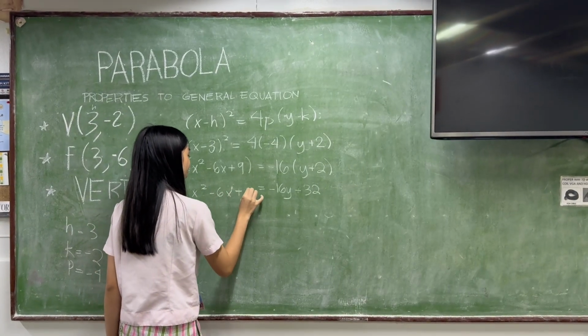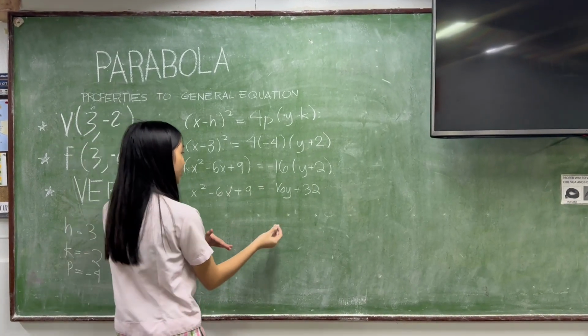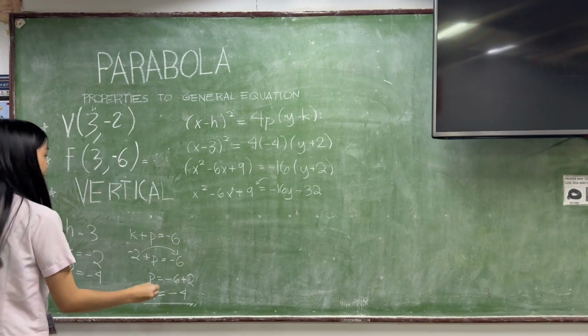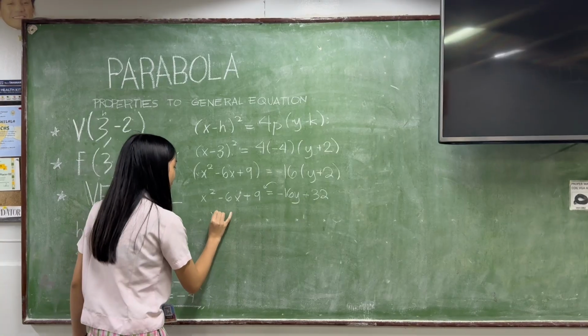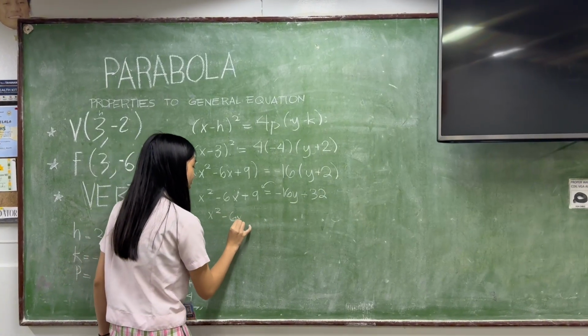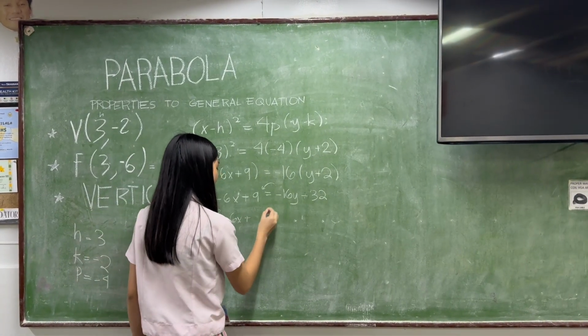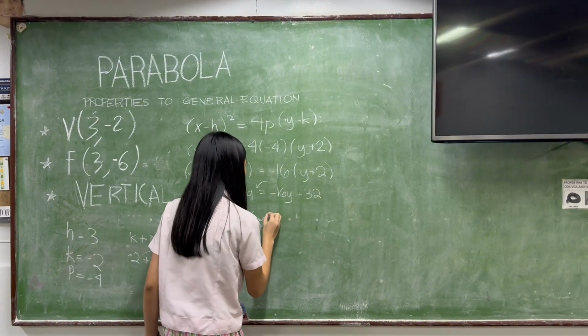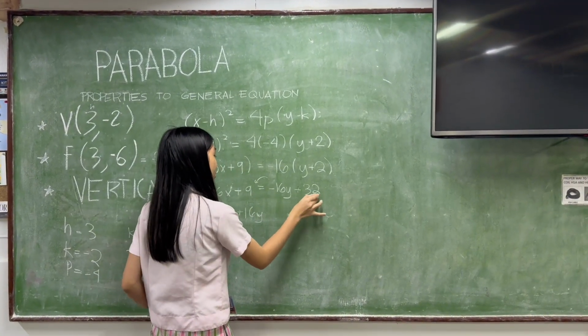x squared minus 6x plus 9. After that, we're gonna move this equation to the left-hand side. So, x squared minus 6x plus 16y, and negative 32 will become positive.